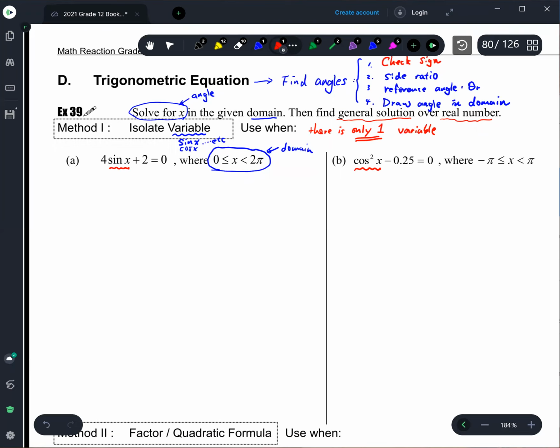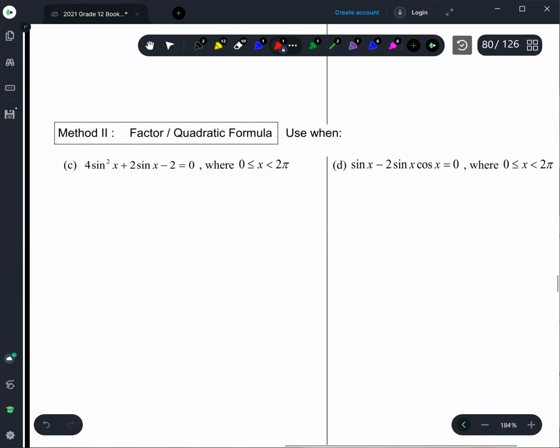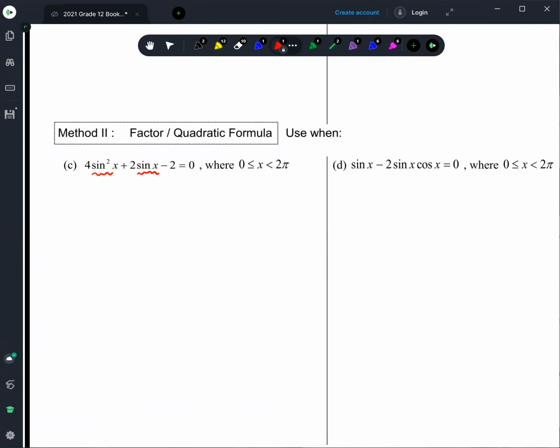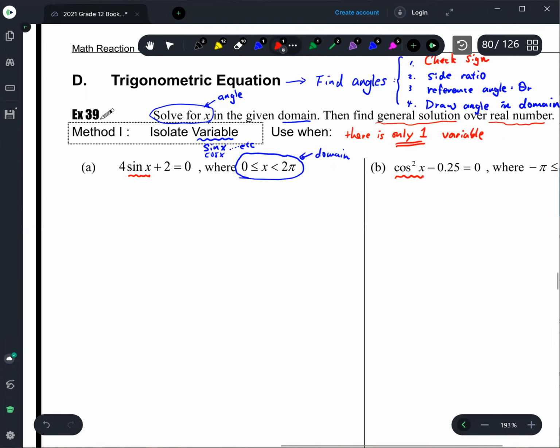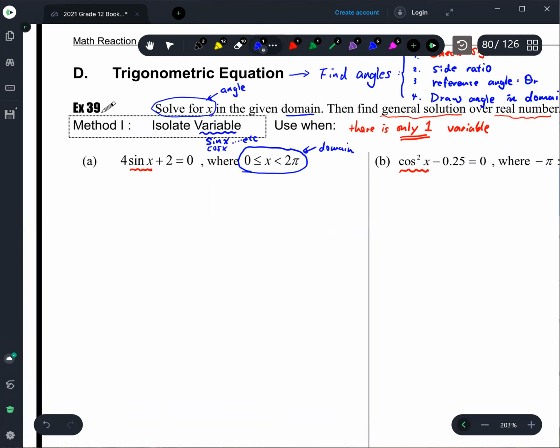We see a cosine, even though it's squared, it's only 1. But for question C, you see sine, but you have 2 of them. For question D, you have sine and cosine. Those you cannot isolate if you have more than 1. You will be able to isolate if you only see 1 of them. That's what it means.